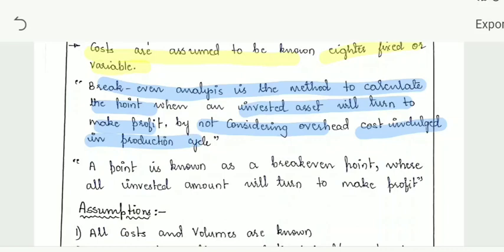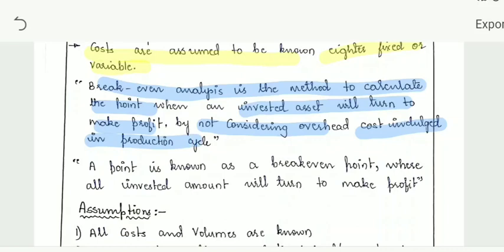For example, suppose you make an investment, or suppose you want to manufacture fly ash bricks in certain numbers. Now you want to know when you will start getting that amount back, or when your company will start making a profit.